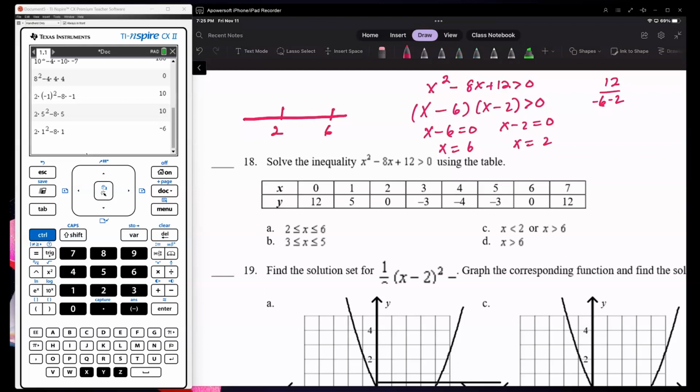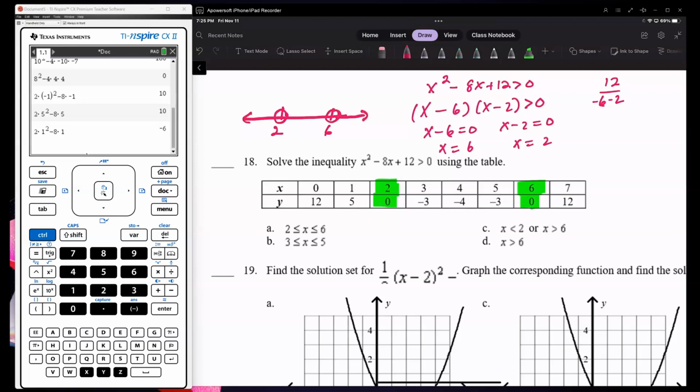Now, if I look at 2, when x is 2, y is 0. We want it greater, so this will have to be an open circle. So you see how we're using the table? If we check 6, when x is 6, y is 0. Okay, it has to be greater than 0, so it's going to be an open circle.